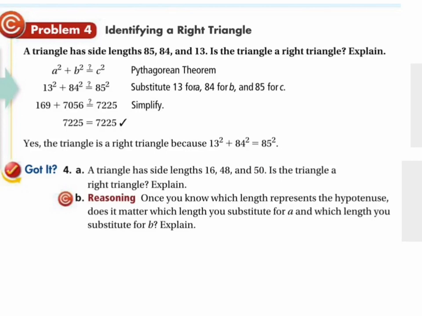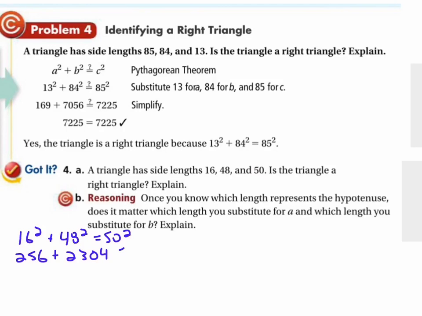Okay, so what we need to do here is check, is 16 squared plus 48 squared equal to 50 squared? Okay, 16 squared is 256. 48 squared, 48 times 48 is 2,304.